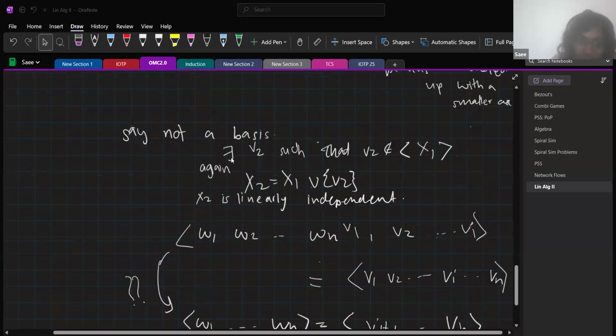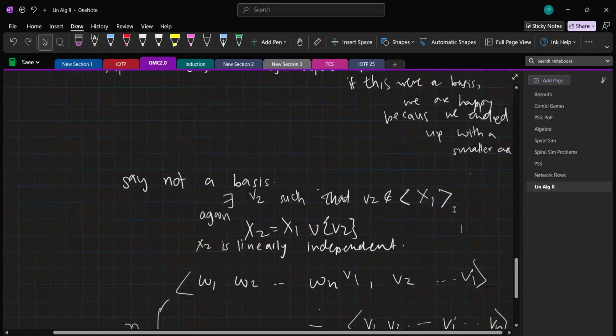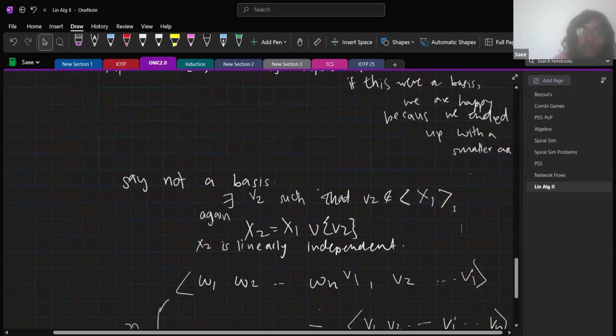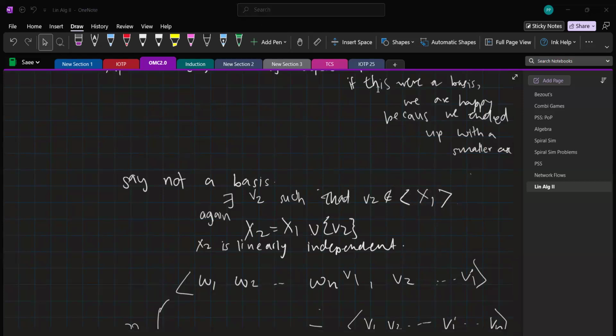Okay, so we know that V2 is not in the span of X1, and we know X1 is linearly independent already, so we can just add V2 to X1 and it won't disturb the linear independence. But what if V2 and some other elements in X1 can form an element in X1?